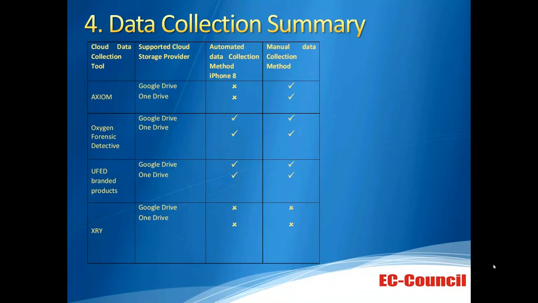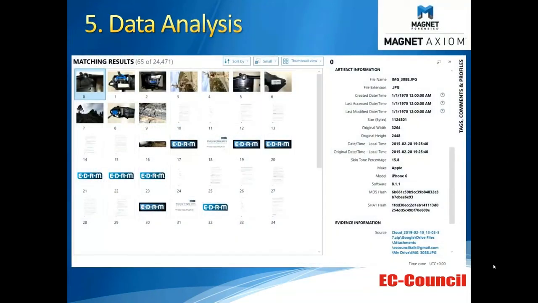The data analysis phase. Here, Axiom reports the file hashes correctly, but incorrectly defaulted to Unix date and time on the creation, accessed, and modified times. If you can see there on the right top, it tags the created date, last access, and modified times as the 1st of January 1970.